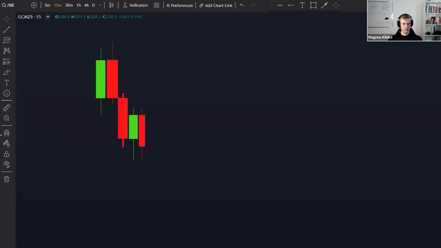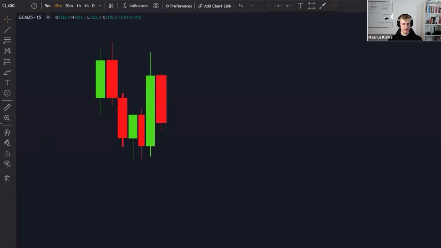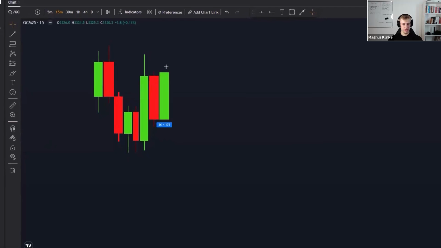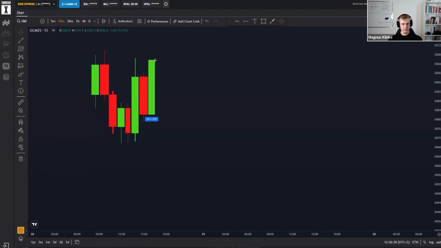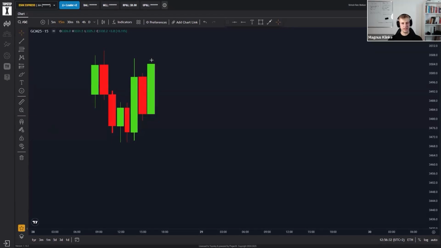We got the 4-hour time frame tapping a resistance up here, and we've seen previously that we begin to go down after tapping that resistance. So let's say that the 4-hour time frame is coming up right now, and this is basically the candle.